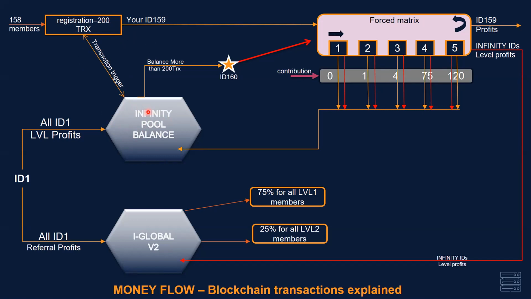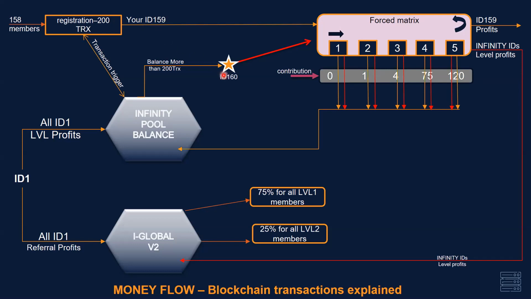Imagine we have 2000 trons in the infinity pool balance and you click on register. When you click on register, this transaction trigger will check the infinity pool balance. If the balance is more than 200 trons, it covers the creation of one ID, correct? The registration fees. The system will create the next ID immediately.